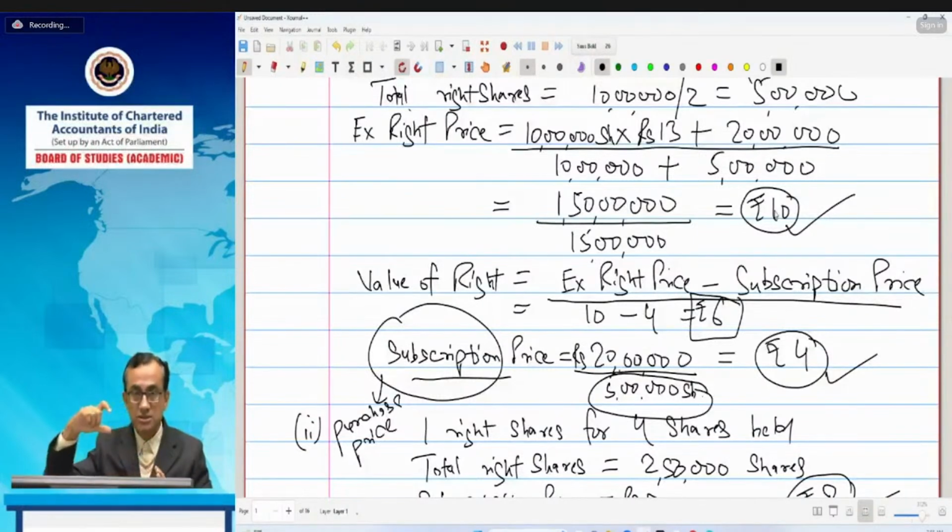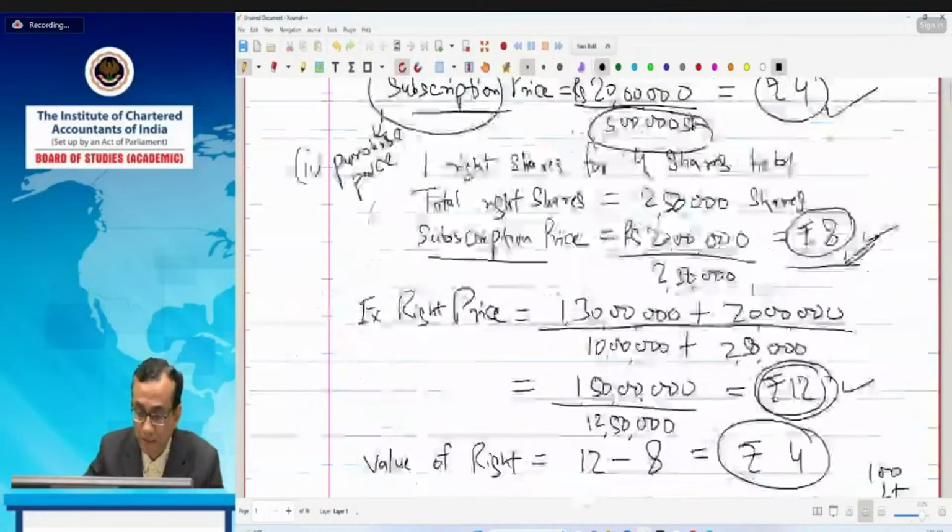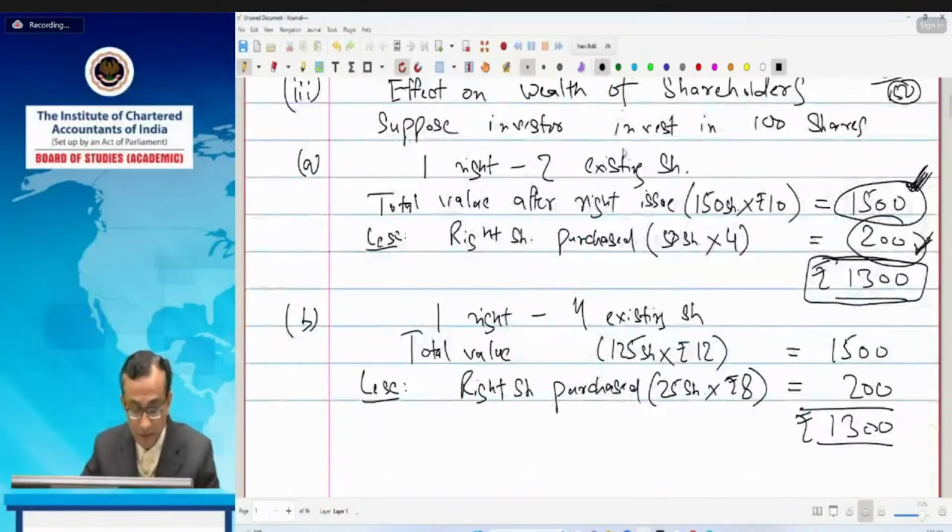So you can say this subscription price is a narrower concept. Valuation of right is the broader concept, because the subscription price is deducted from the X right price in order to arrive at the value. So this is the difference between these two. Okay. So shall I proceed further?